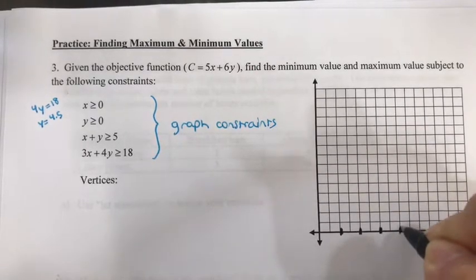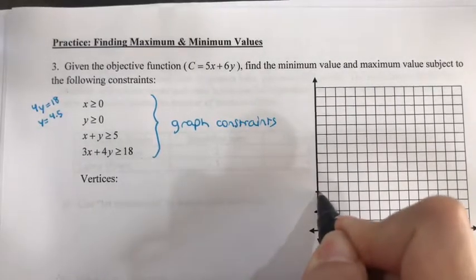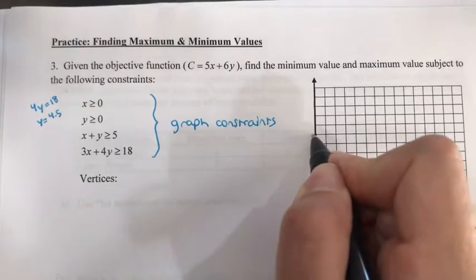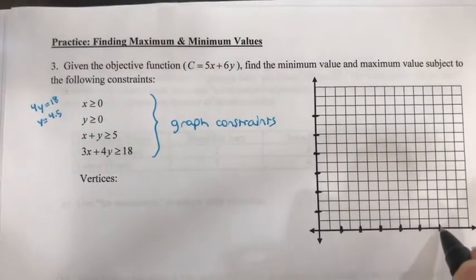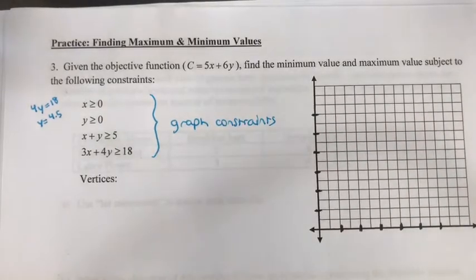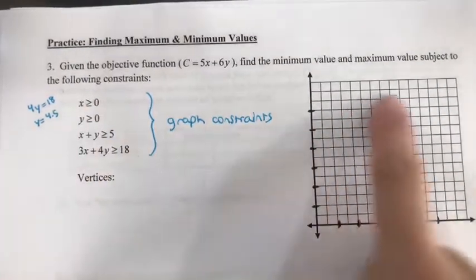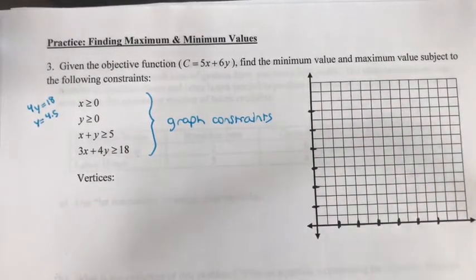It's just a little bit cleaner. Okay. So I'm not going to bother graphing these first two because I know that that just tells me I'm in my first quadrant, which is all I have here anyway.